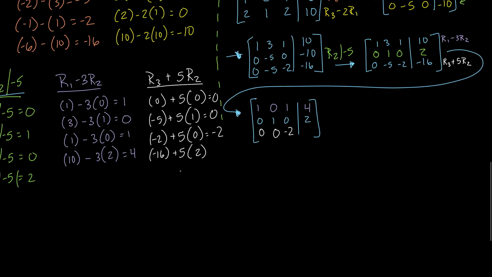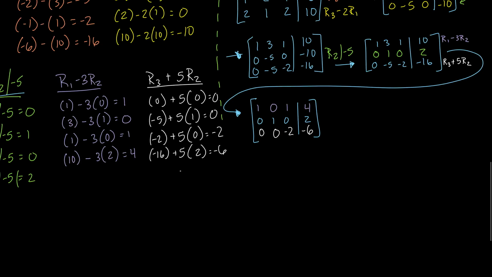So negative 16 plus 10 is negative 6. So now we have completed our second column, this column right here. We have 1 in the middle and 0 above and 0 below.